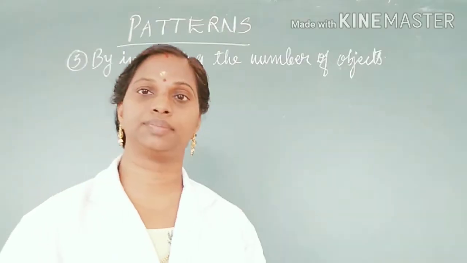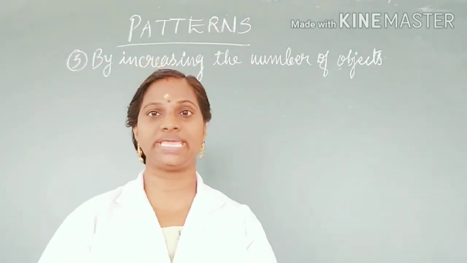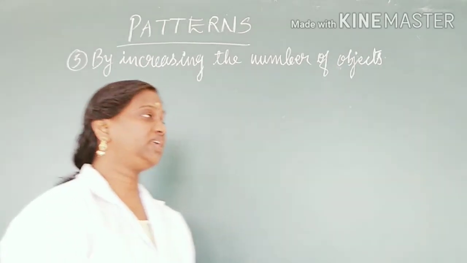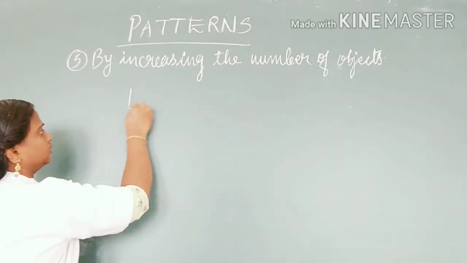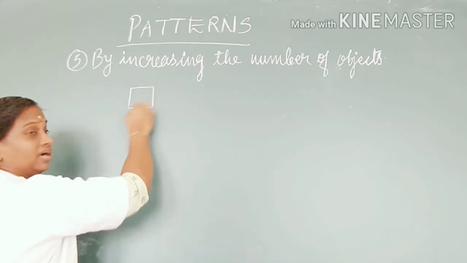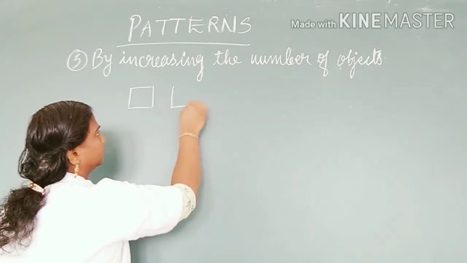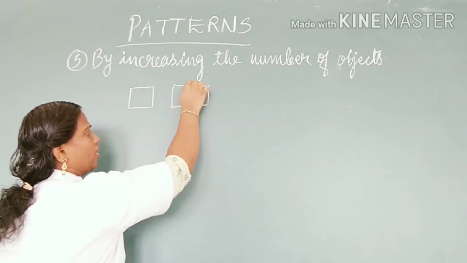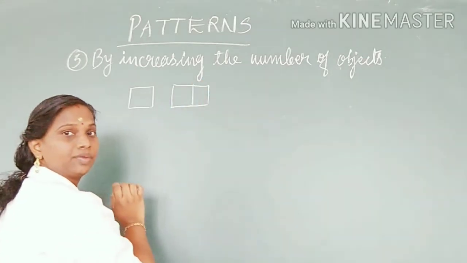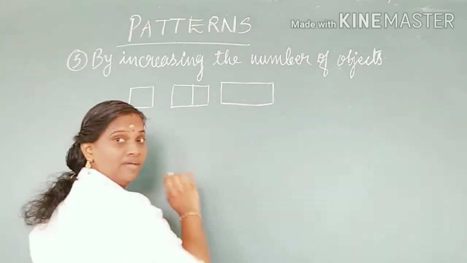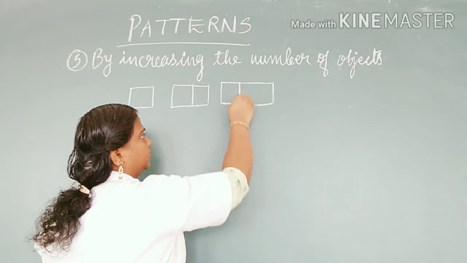Clear? Next one, by increasing the number of objects. See here one example. Here I am drawing one square. Now I increase this square as 2. Then what will come next? 3 squares.